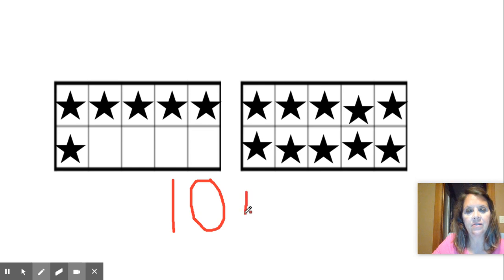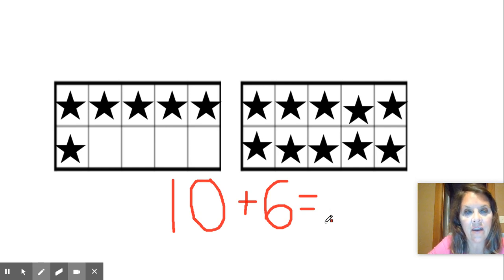Okay, plus these extra ones. Let's count them. 1, 2, 3, 4, 5, 6. You could also say 5, 6 plus 6, 10 plus 6 equals, and I want you to figure that out and finish up that equation.